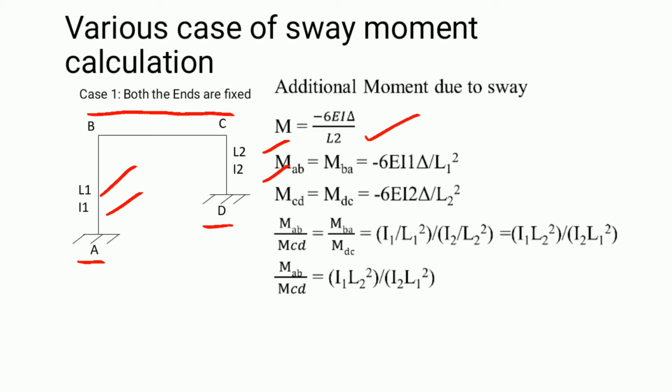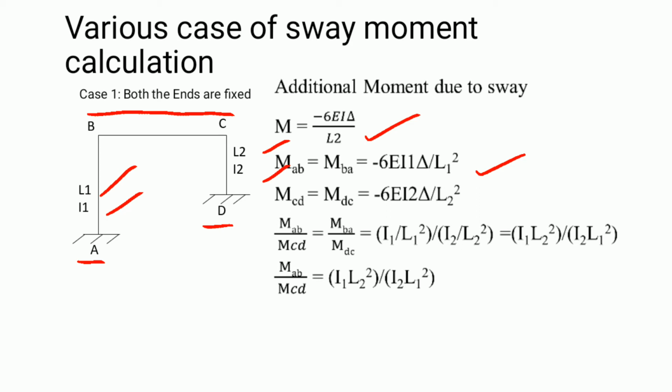When I take the AB member, for AB and BA, the moment is equal to 6EI1Δ divided by L square, wherein in place of L it is L1, since the length of AB and BA is L1, and in place of I it is I1. Therefore, the additional sway moment is equal to minus 6EI1Δ divided by L1 square.